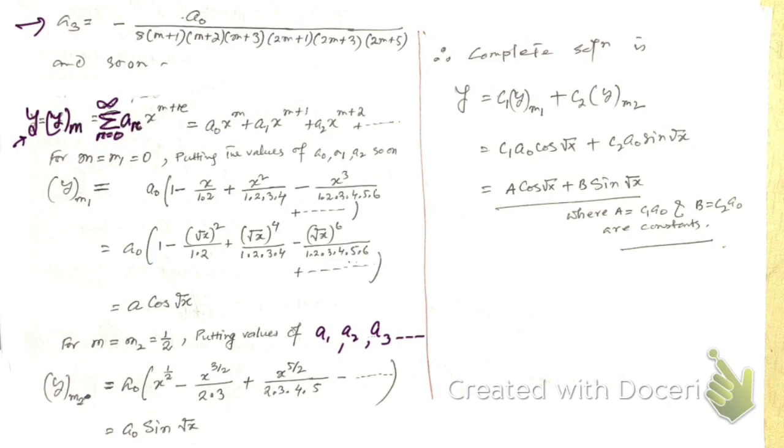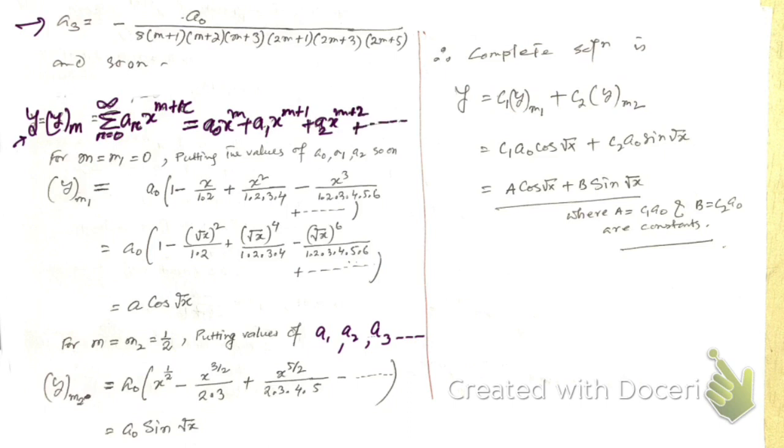So a_r is equal to x to the power m plus r, that is what we have written, and this can be expressed by putting r equal to 0, 1, 2. So we have got this series: a0 x to the power m plus a1 x to the power m plus 1 plus a2 x to the power m plus 2, and so on, right?